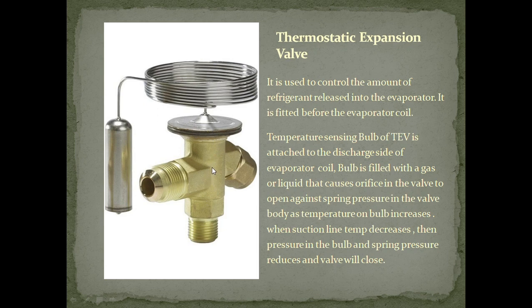That is, the discharge flow of gas will be adjusted by means of this bulb, depending upon the pressure. When suction line temperature decreases, the pressure in the bulb and spring pressure reduces and the valve will close. If temperature is reduced, the pressure will reduce. That is, temperature and pressure are proportional.